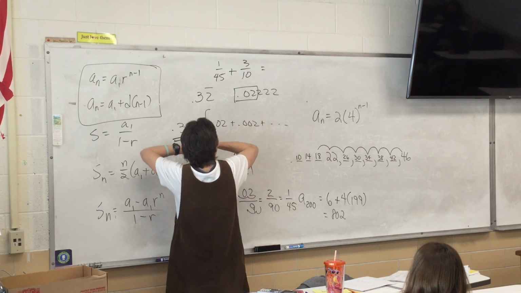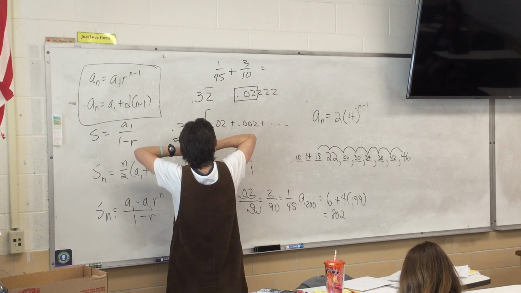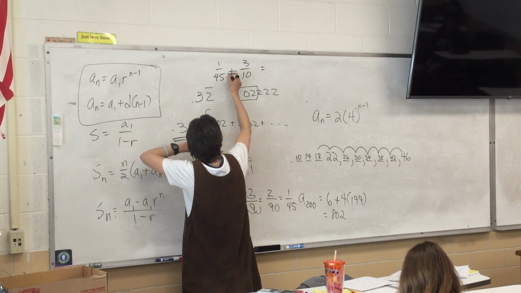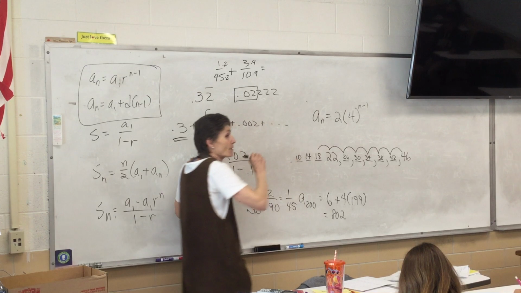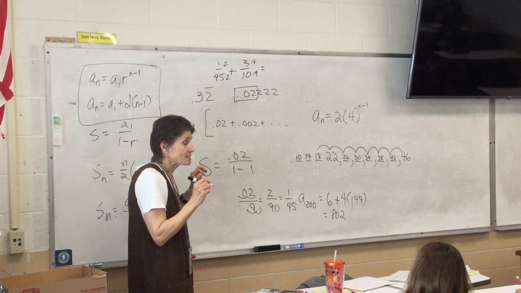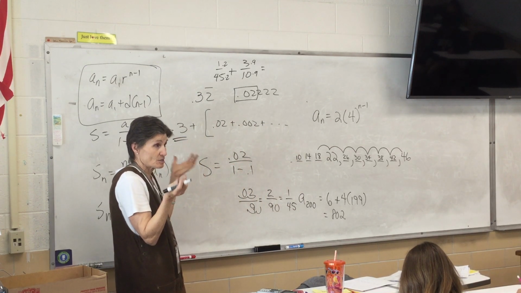Oh, I guess my common denominator would be 90. You could use another common denominator. There are lots of them, but 90 is the smallest one.